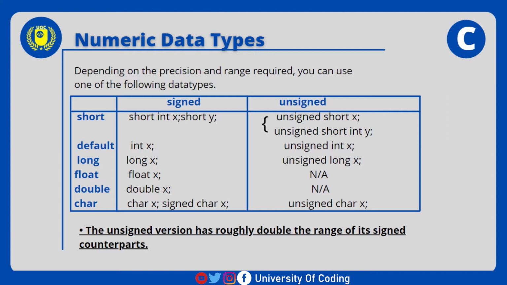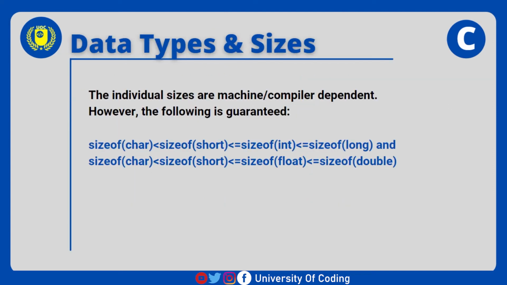Whenever you print that particular variable, you write %c, not %d, in the double quotes. %c says print this value in the form of a character. That is why we are getting the character as output. This relation is guaranteed in almost all machines. So size of char will always be less than size of short, and size of short is sometimes equal to size of int and sometimes less than size of int.